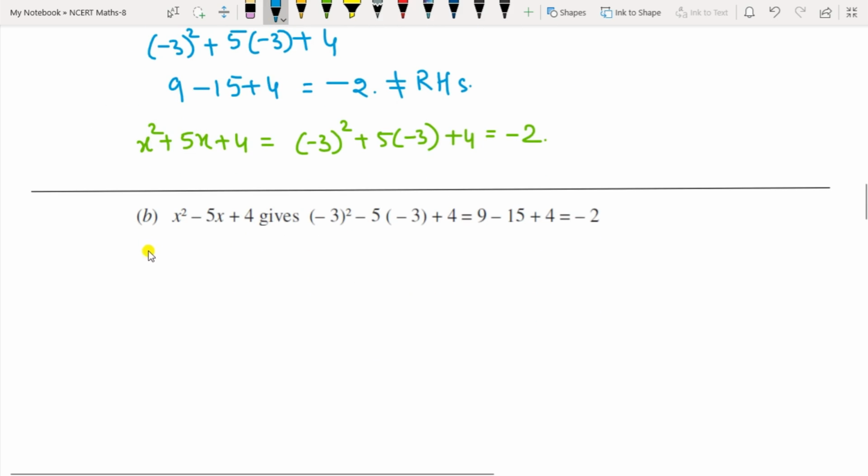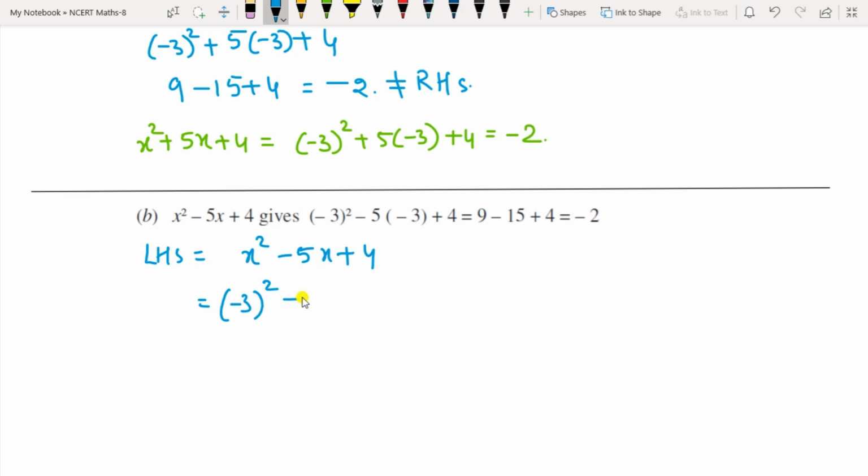So here LHS equal to x square minus 5x plus 4. Now, substitute minus 3 in place of x. 9 plus 15 and plus 4. So that becomes 19 plus 9 is 28.